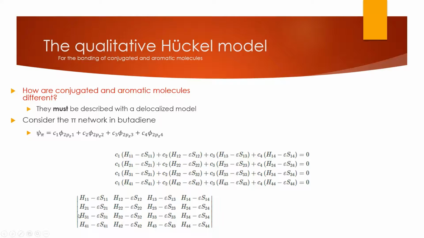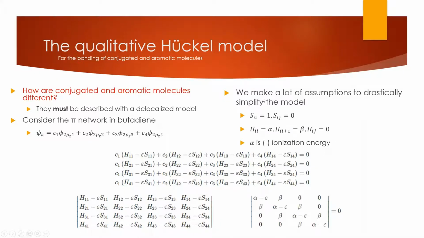So for these H12, H21, H13, H14, and other resonance integrals, we're talking about the interaction between one electron and a different atom. And then the S integrals here are the overlap integrals. The simplifying assumptions that we're going to make are as follows.